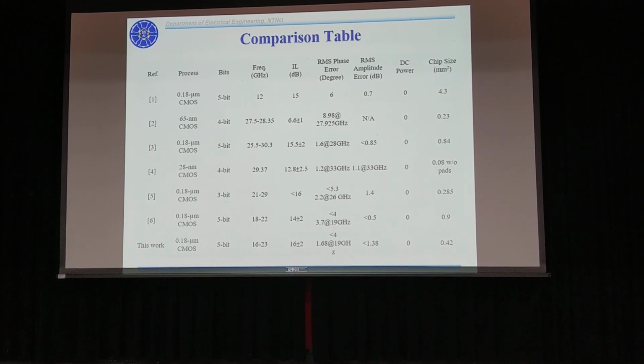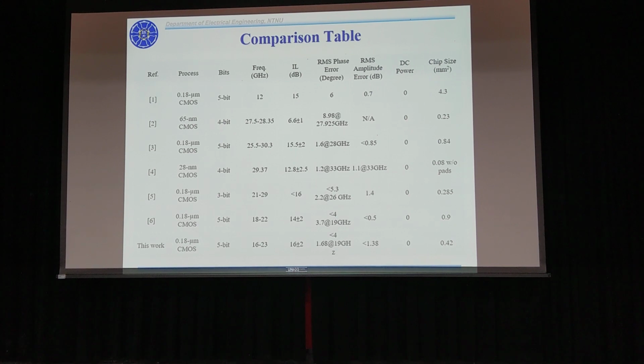This 5-bit digital switching type phase shifter provides 360 degree phase shift with resolution of 11.25 degree. Because this phase shifter is a passive circuit, the power consumption is 0, and the lowest RMS phase error is 1.68 degrees at 19 GHz.